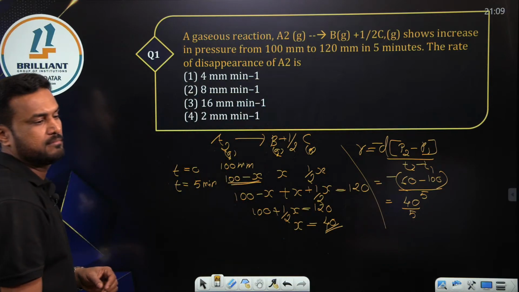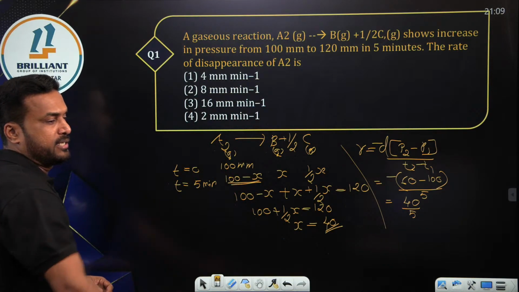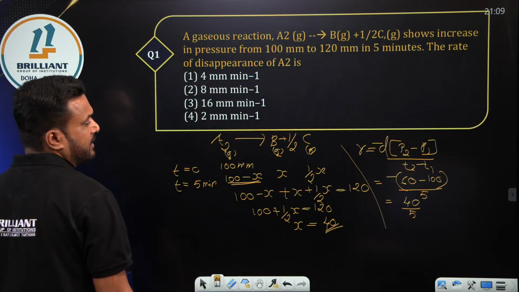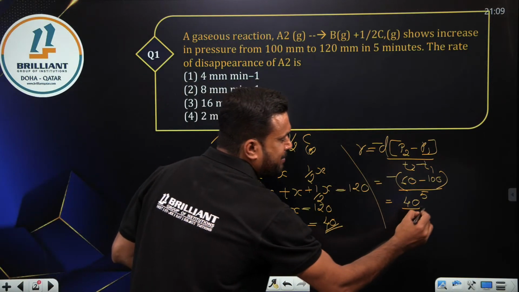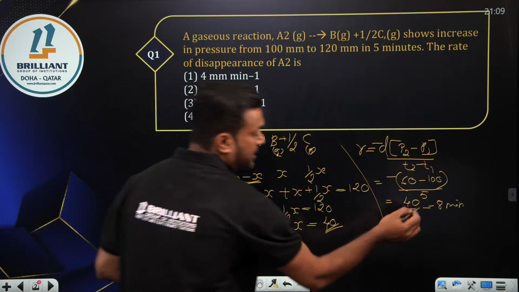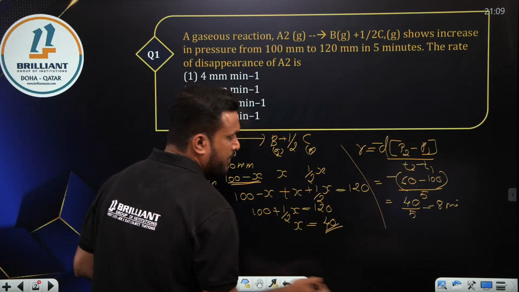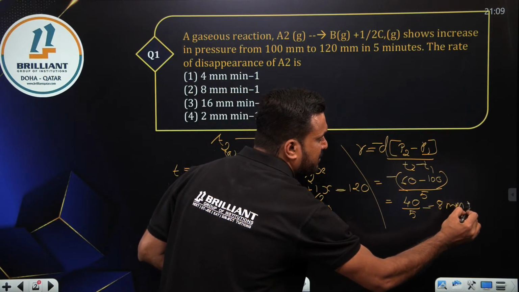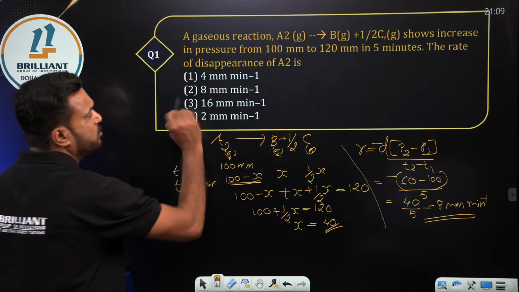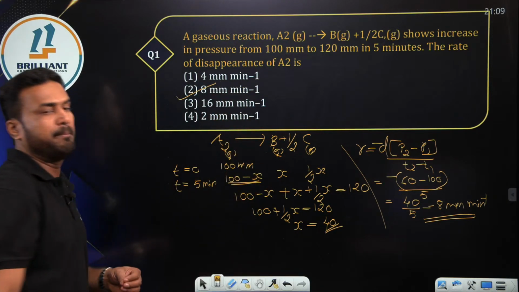Hope you understood. You can send your answer. Yes, that is correct. So 40 by 5 is equal to 8 mm minute inverse. Why 8 mm minute inverse? Because here the pressure is taken in millimeter mercury. 40 by 5. So the right answer is 8 mm minute inverse.